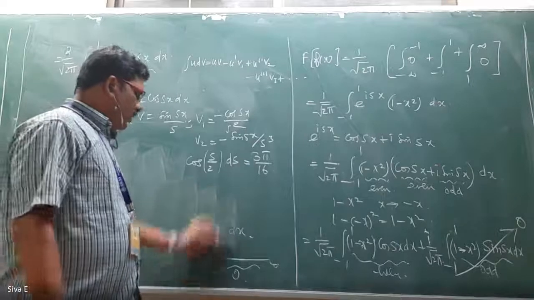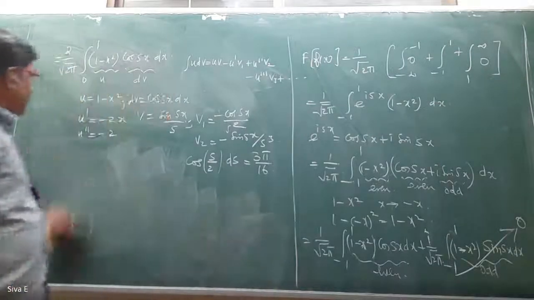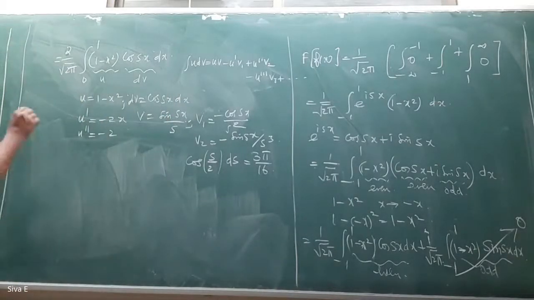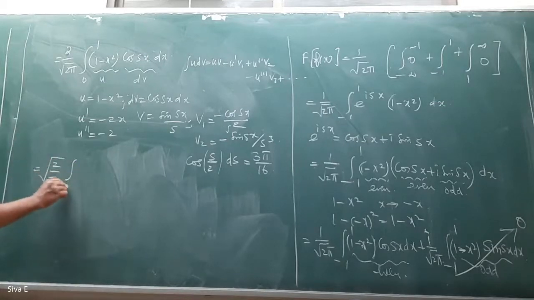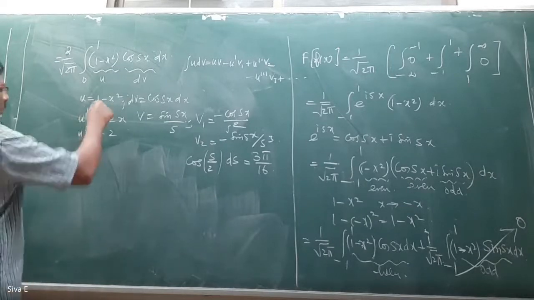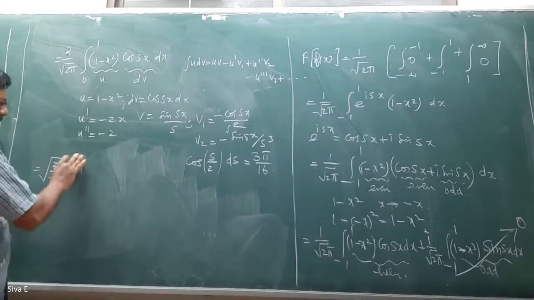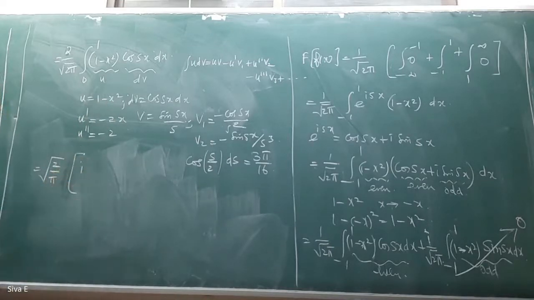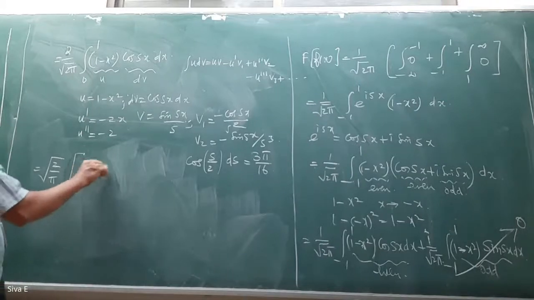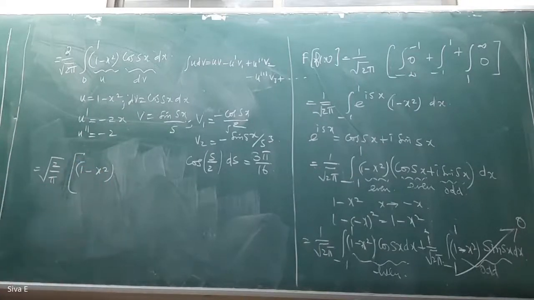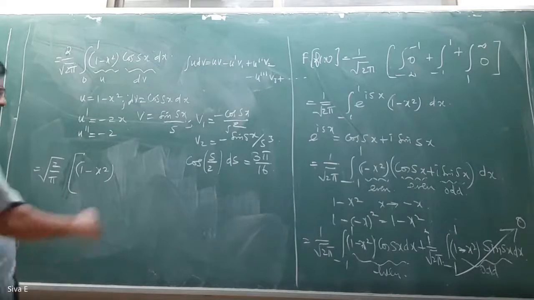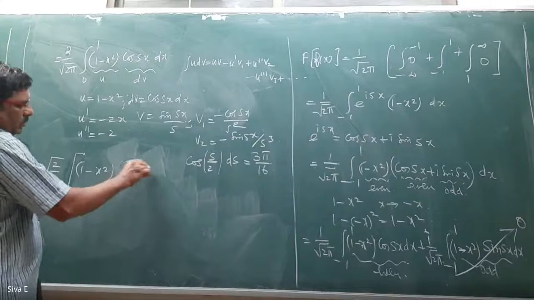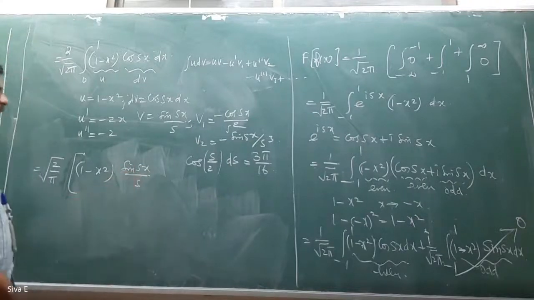Substitute these values in Bernoulli's formula, we will get root 2 by pi integral of 0 to 1: uv, where u is 1 minus x square, no need to write the integral, put the bracket (1 minus x square) times v, which is sin sx by s.